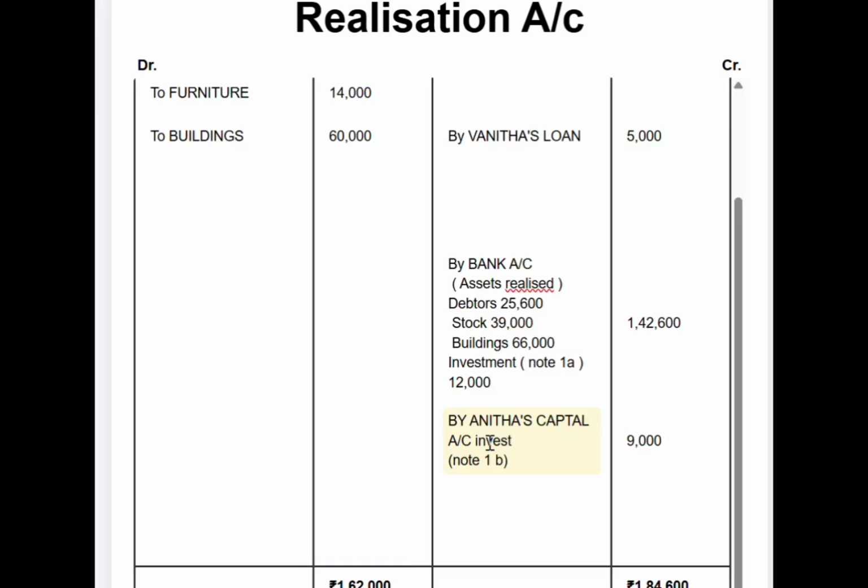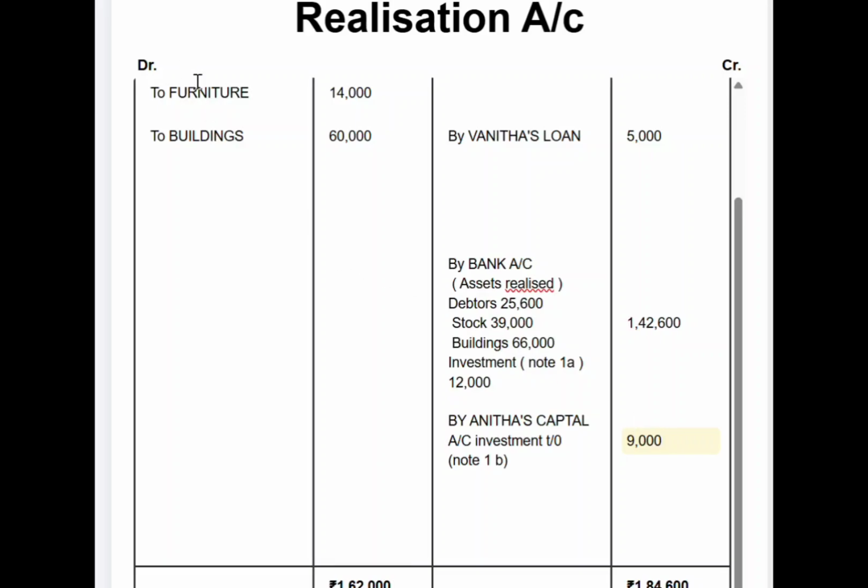So that is the remaining 50% of the investment which is taken over by Anita at 10% discount. So it is the investment which is being taken over by Anita. So that is rupees 9,000 as it is taken over at 10% lesser. So it is rupees 9,000 which is the investment taken over by Anita.